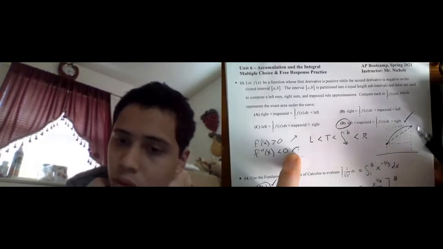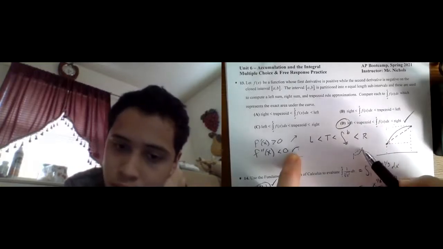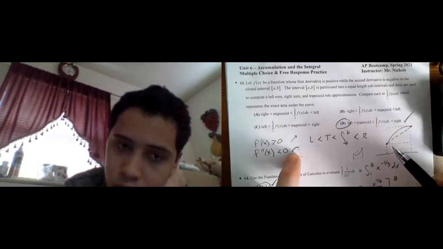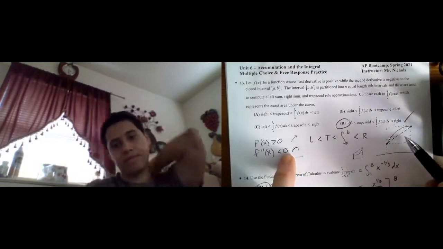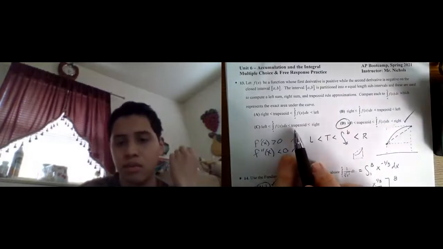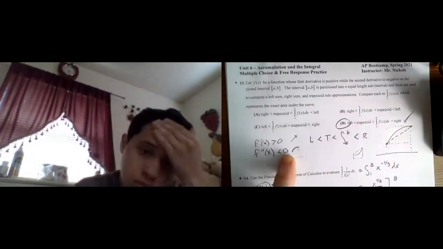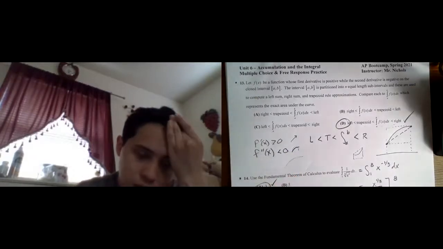For concave up curves, which we do not have here, the trapezoid is going to have more area than the actual curve. But we're concave down, second derivative is negative, so that means my trapezoid is an under approximation, which now eliminates C because the trapezoid is bigger than the integral there, and so our answer must be D, trapezoid less than value.